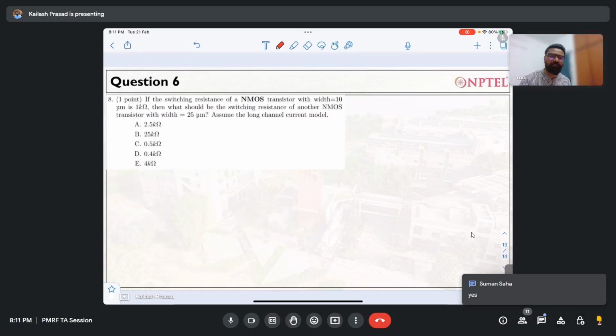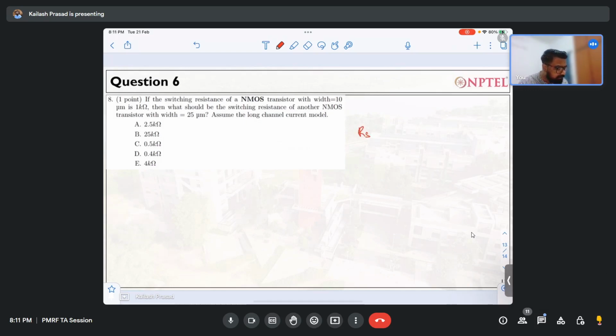Last question for today: if the switching resistance of NMOS transistor with width 10 micrometer is 1 kilo ohm, it means R switching is given as 1 kilo ohm for W is equal to 10 micrometer.